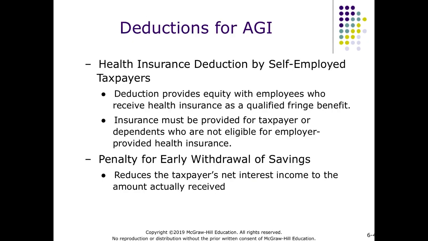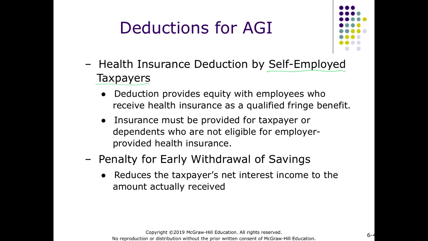So, deductions for AGI, all right? It's very important that you pay particular attention to differences between things that are deducted for AGI versus from AGI, okay? So, health insurance deduction by self-employed taxpayers.